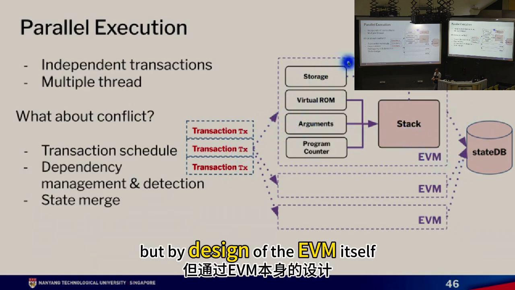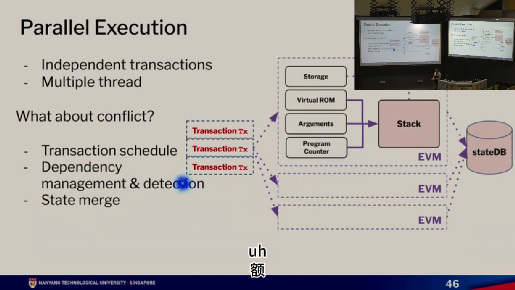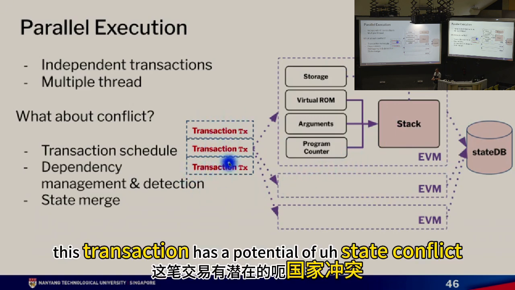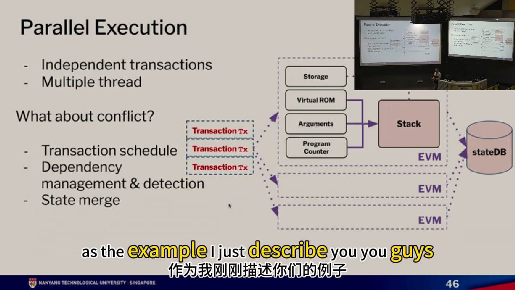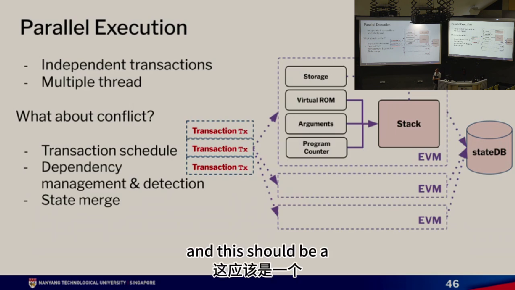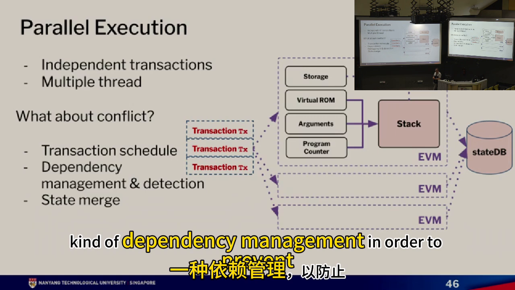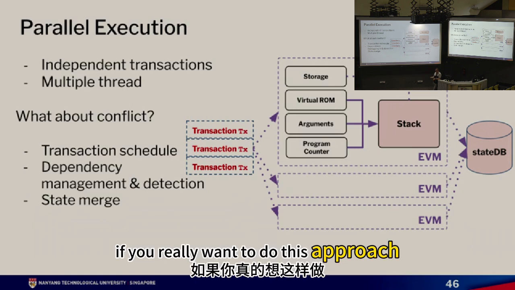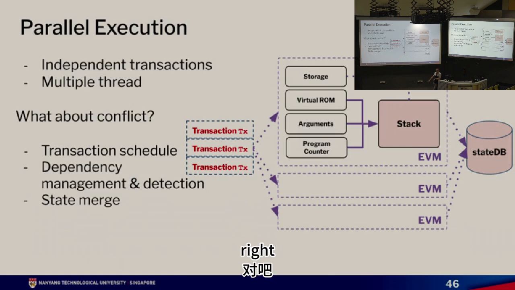But by design of the EVM itself, these transactions have the potential for state conflict, as in the example I just described. There should be a kind of dependency management to prevent this kind of conflict if you really want to take this approach, right?